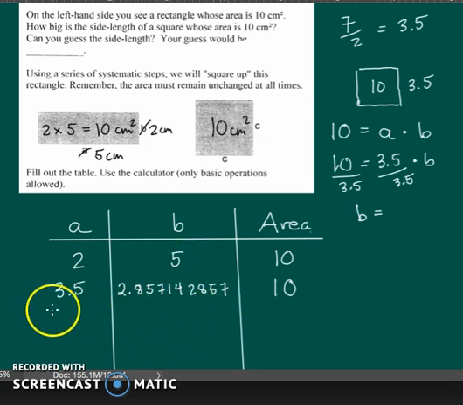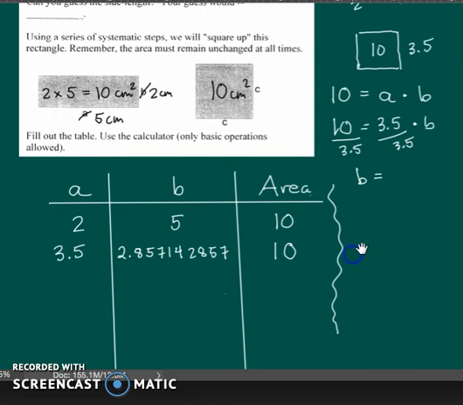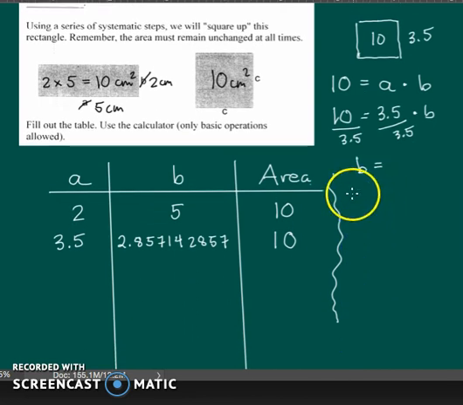Are these two numbers the same? No, they're not. So do we have a square yet? No, we don't. How do we get closer to a square? Well, let's repeat the same thing that we just did. Let's find their average. So this time I'm going to say 3.5 plus 2.85 and so forth.